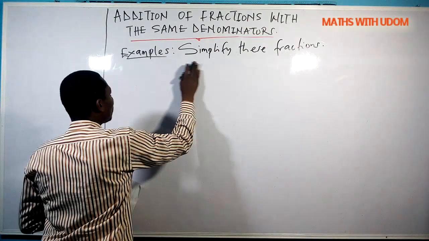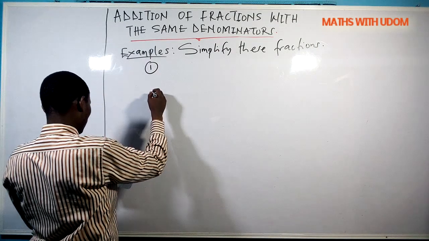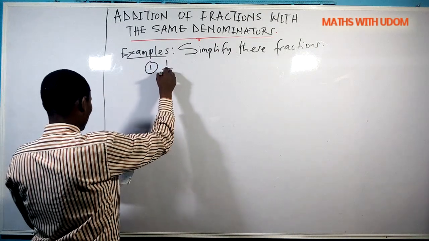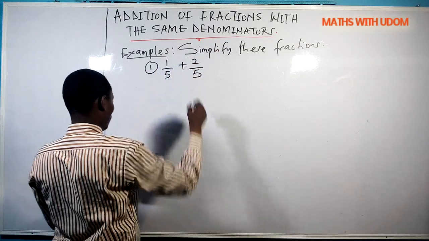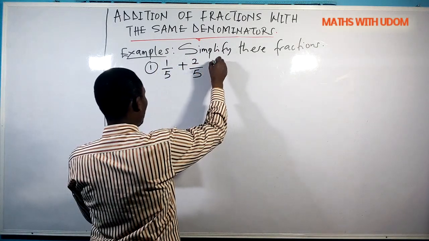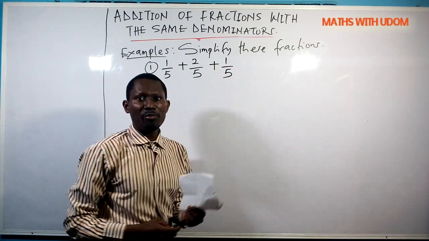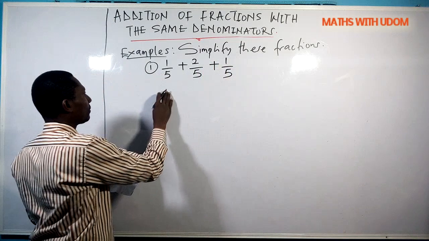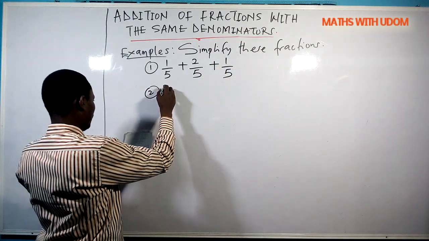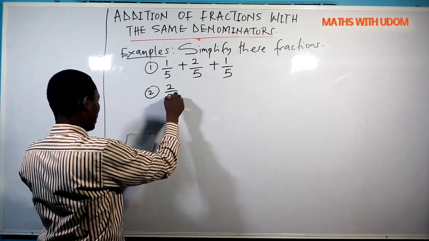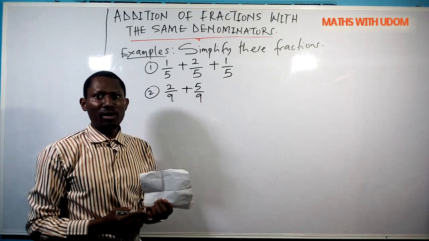And what are the fractions? Number 1, 1 over 5 plus 2 over 5 plus 1 over 5. Number 2, 2 over 9 plus 5 over 9.